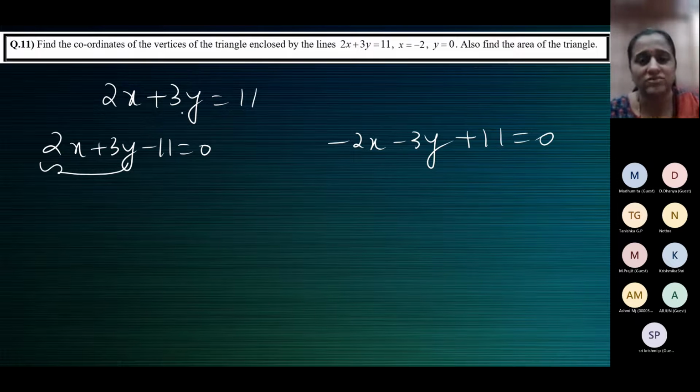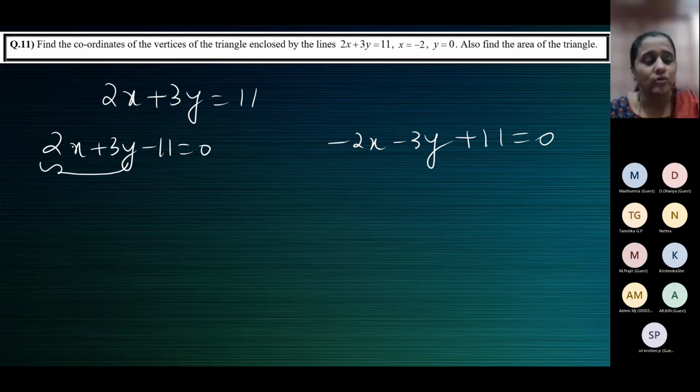When you transpose plus 3y, it becomes minus 3y. You're moving the terms from the LHS to the RHS. In that case, it becomes minus 2x minus 3y plus 11 is equal to 0. So like this, you can get two sets of values for A, B, C.